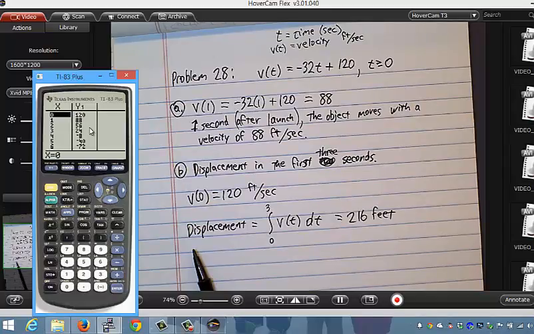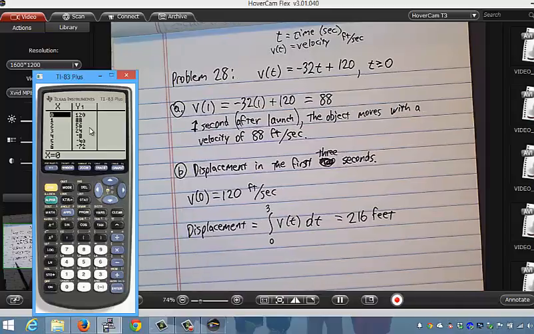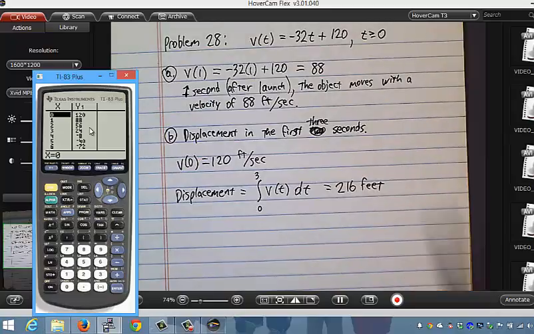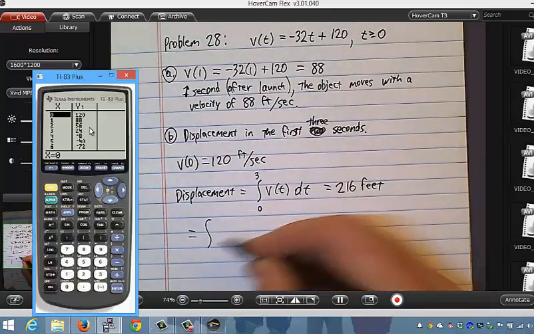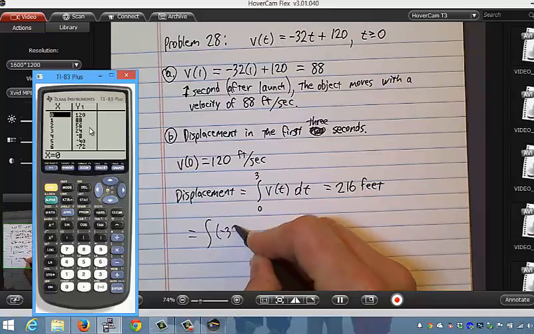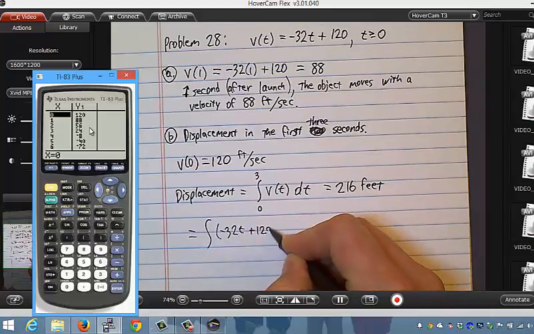But yes, it really is the exact value of how many feet you're going to move. Now, it's still a little bit magical, and that's because we did it on the calculator instead of by hand. Do it by hand, you're going to learn something, I think. All right, so what are we going to do? We're going to integrate v of t, which is, well, negative 32t plus 120.